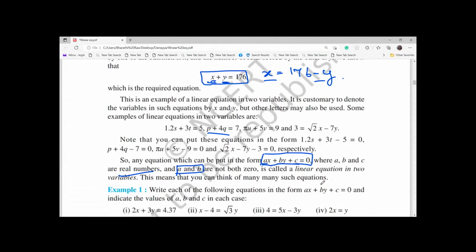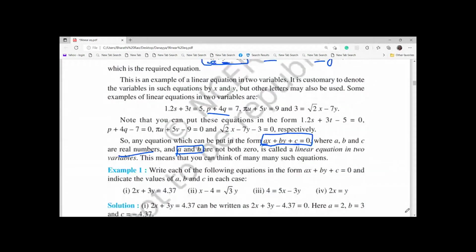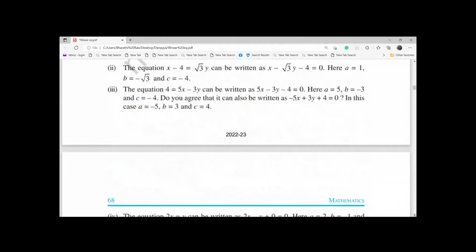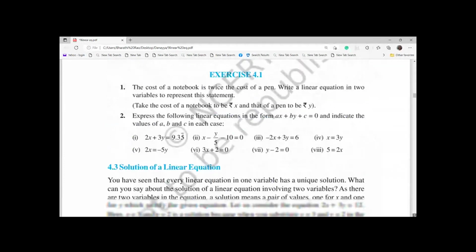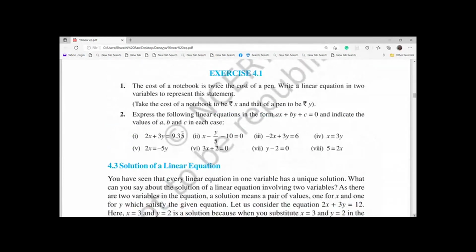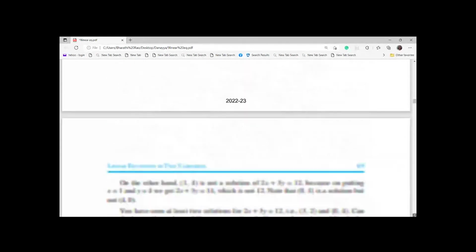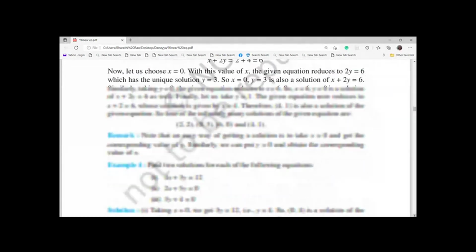It will not be an equation in two variables. So the general form of a linear equation in two variables is ax plus by plus c equal to 0. Okay, children?